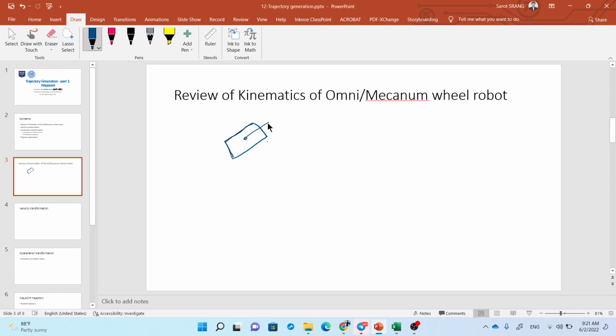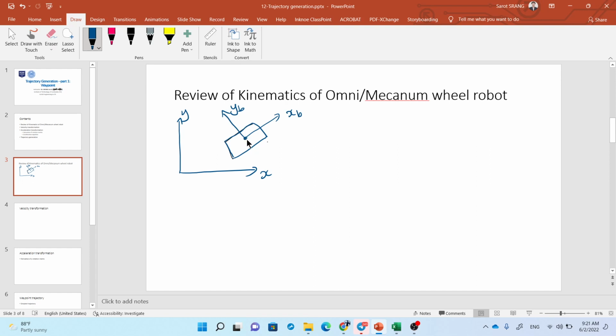So the robot itself has its own axis, its own frame. It's called body frame, XB and YB. And the environment frame, which is fixed, is called global frame, frame X and Y.